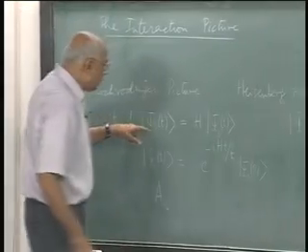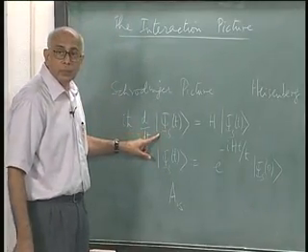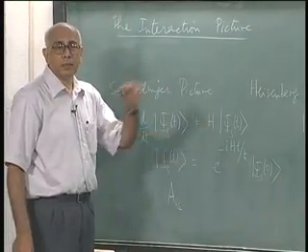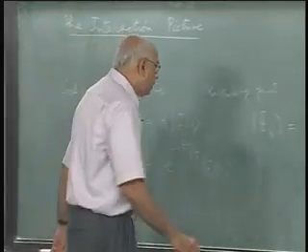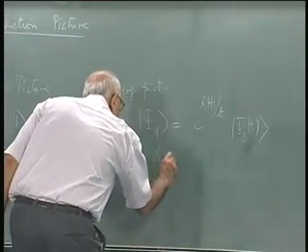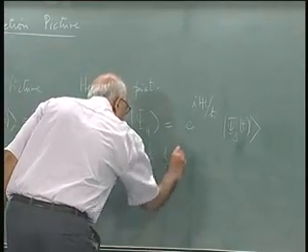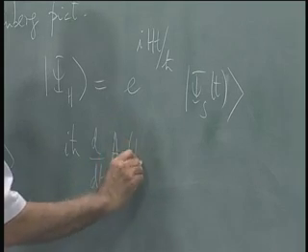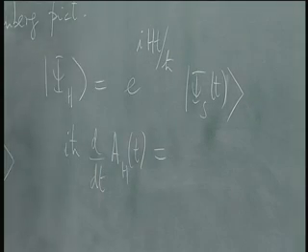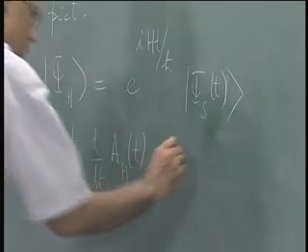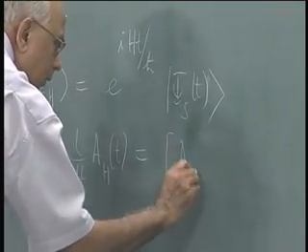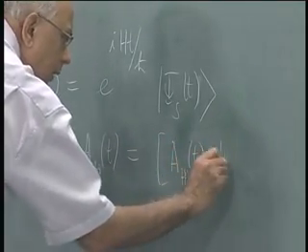The Schrodinger representation equation was replaced by the Heisenberg equation of motion, and the Heisenberg equation of motion says i h cross d over dt A Heisenberg of t was equal to the commutator of A Heisenberg of t with the Hamiltonian.